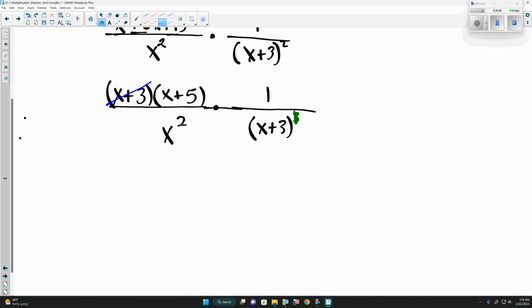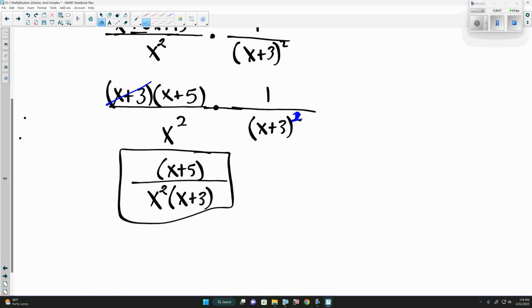But that's not what we had. We had 2, but now there is 1. So that means the denominator is x squared times x plus 3 to the first, or we can just say x plus 3. The numerator is 1 times x plus 5, which is just x plus 5.